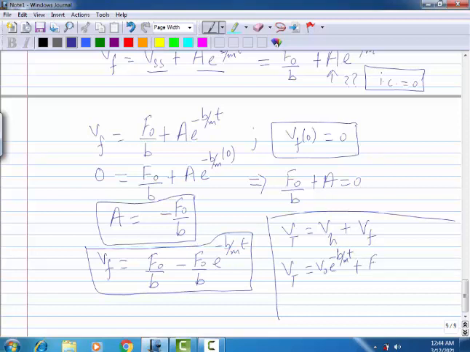I just calculated it: F naught divided by B times 1 minus exponential minus B by M t. So this is the total response we are getting with input.